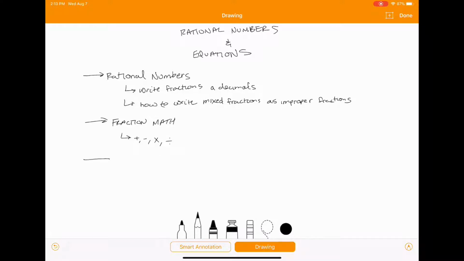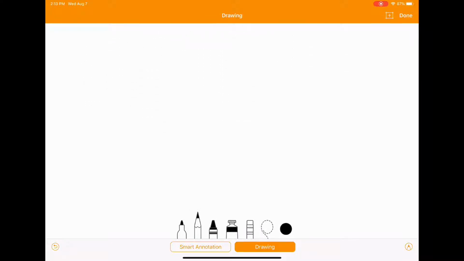And then we're going to go over how to solve equations that contain fractions. So let's go ahead and jump right in and talk about rational numbers.